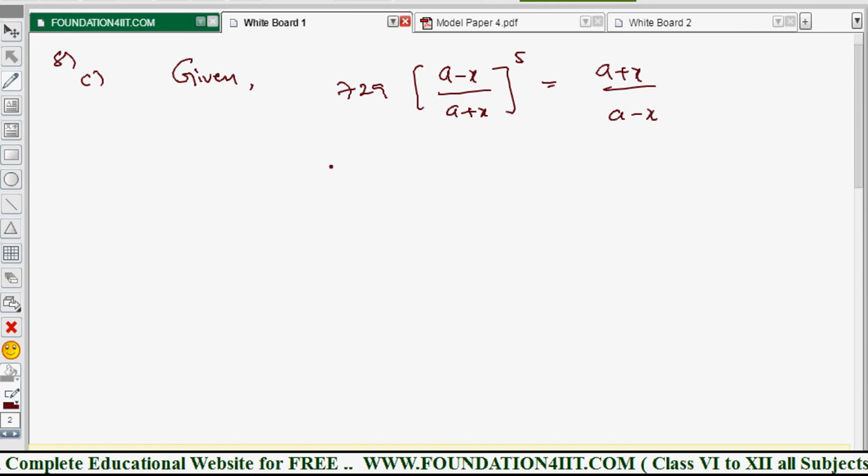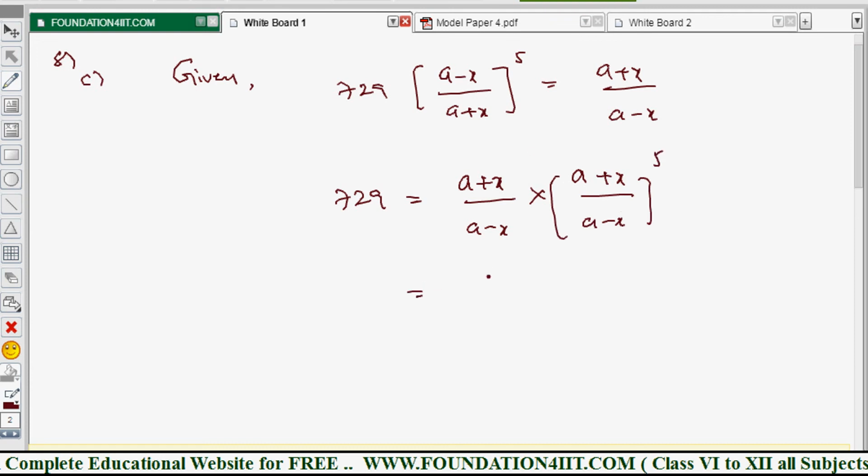We know that 729 is 3 power 6. Then take all the terms to the other side. 729 goes to the other side, so (a plus x by a minus x) whole power 5 on the other side, and already this side has a plus x by a minus x, so it becomes (a plus x by a minus x) whole to the power 6. 729 is 3 power 6.